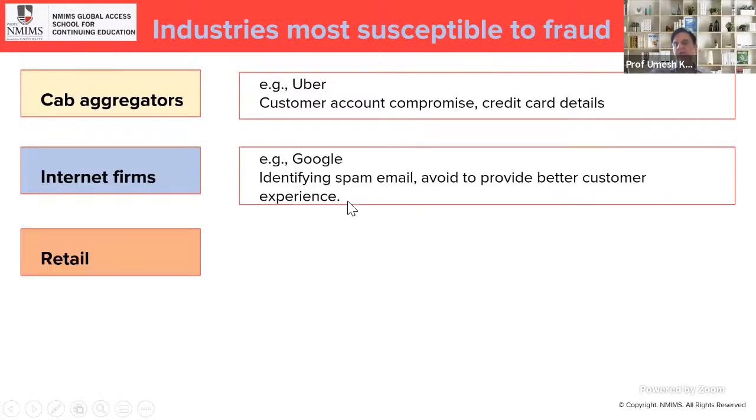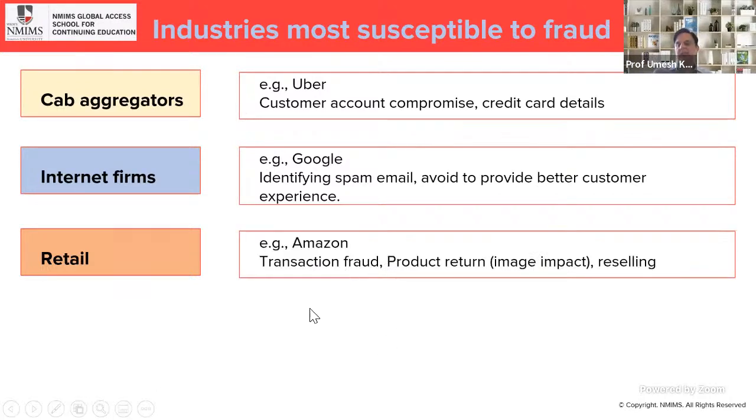Internet firms: Google, Yahoo, Hotmail get a lot of spam emails, and they put them into the spam folder. It is quite irritating when you get these spam emails, because they work to make sure they go to a spam folder in order to give the best customer experience, but it can be irritating when you keep getting them in the main folder.